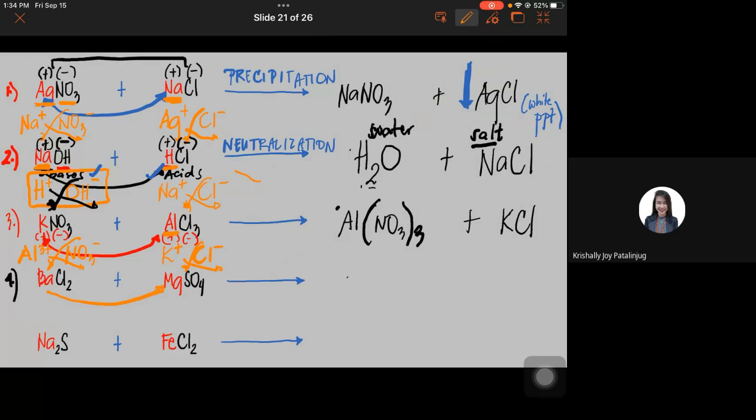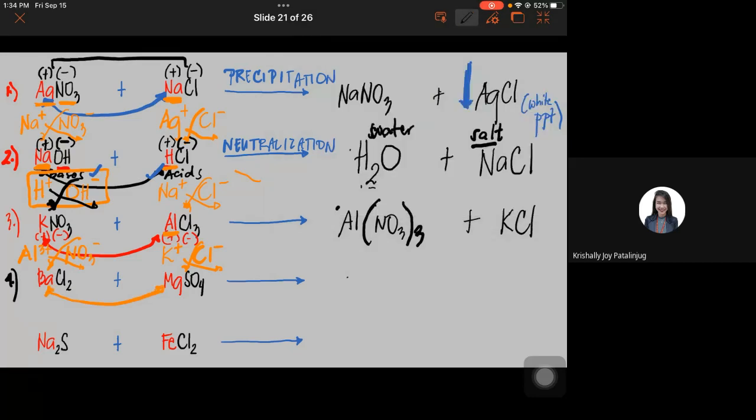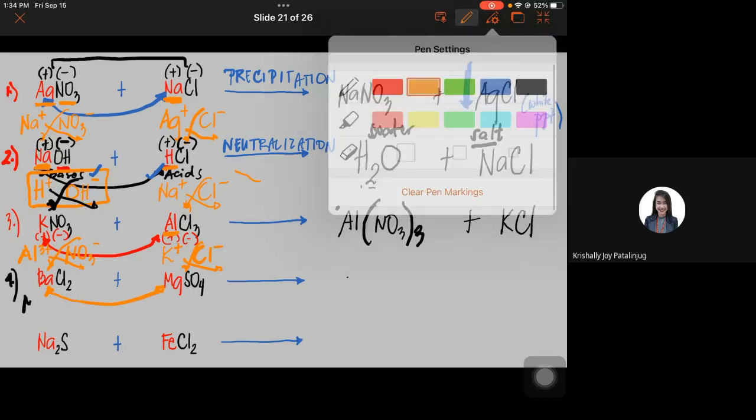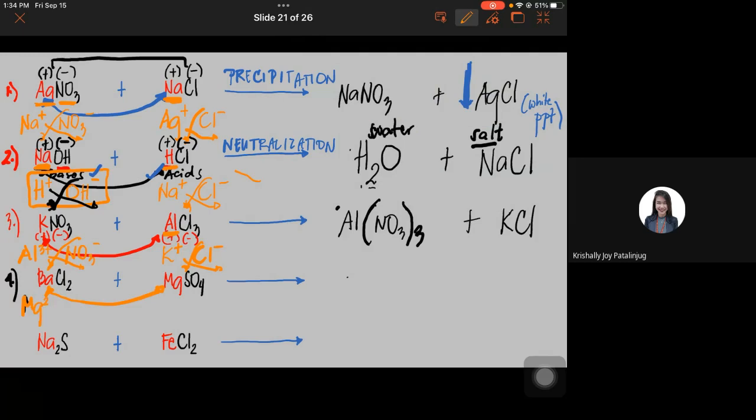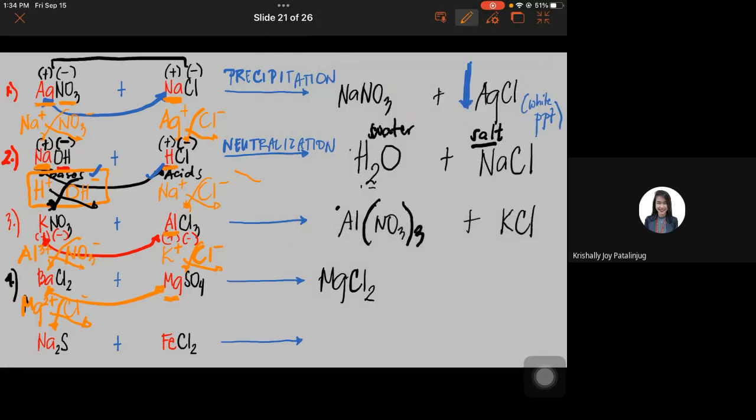You switch the position of barium and magnesium as the cations. So in replacement of barium, you now have magnesium. Magnesium is Mg2 plus, followed by chloride ion. Chloride ion is Cl negative. Crisscross, you produce the product magnesium chloride. And what's the other product? In replacement of magnesium, you have barium.